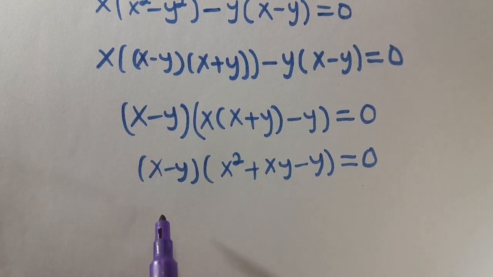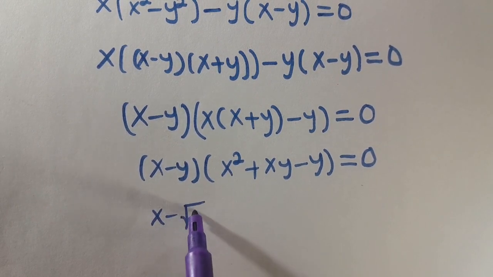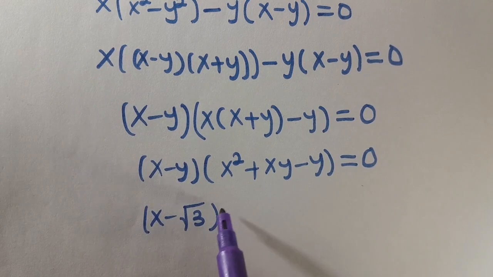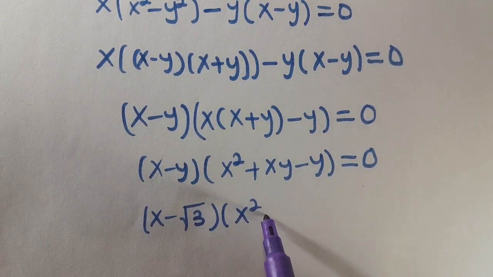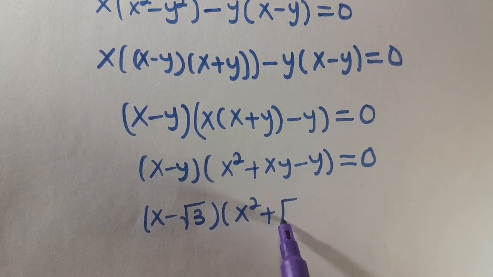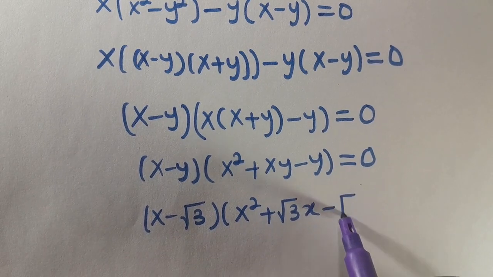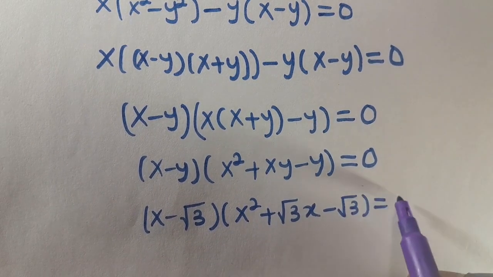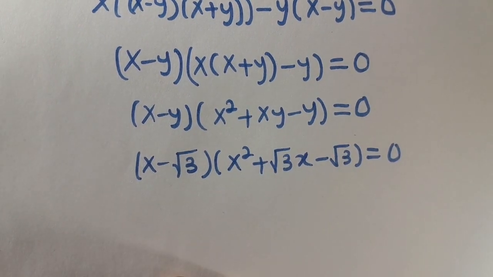We have x minus the value of y, which is square root of 3, into x squared. Then we have plus y, which is square root of 3, x minus square root of 3 equals 0. And this is simply a quadratic equation.